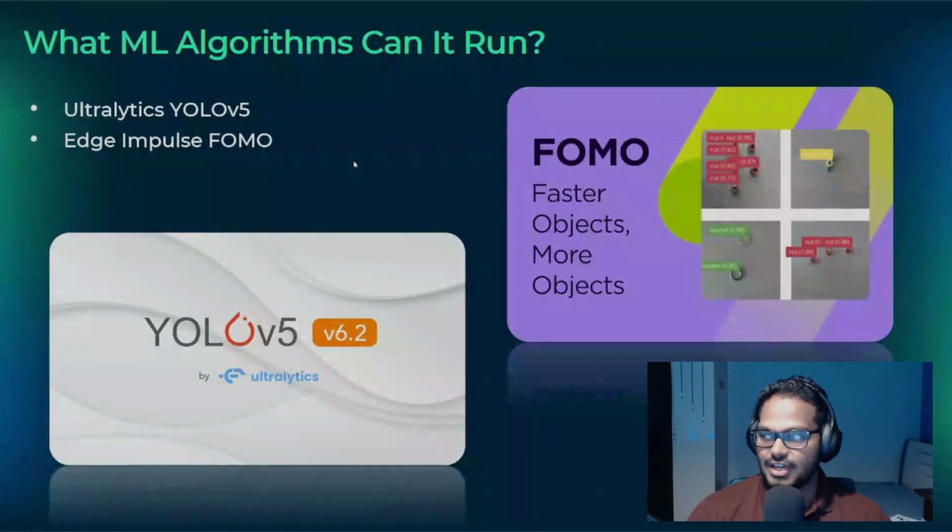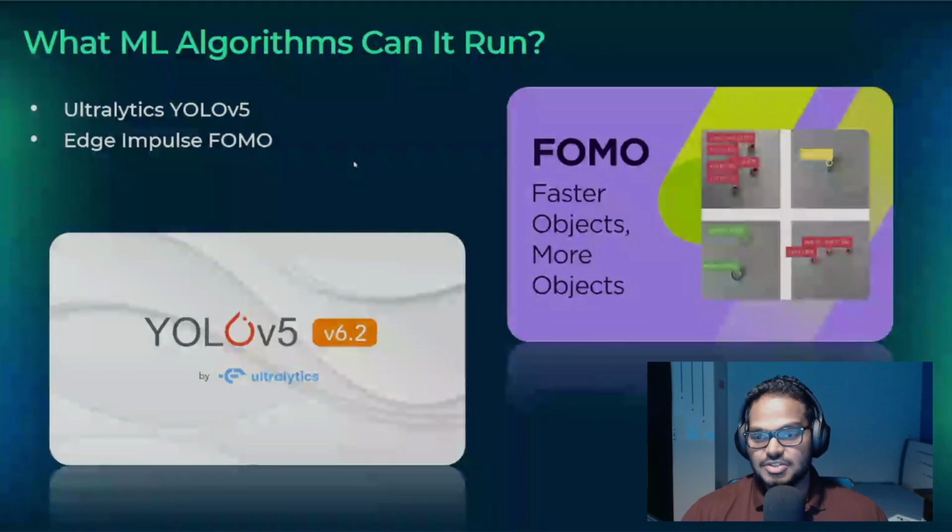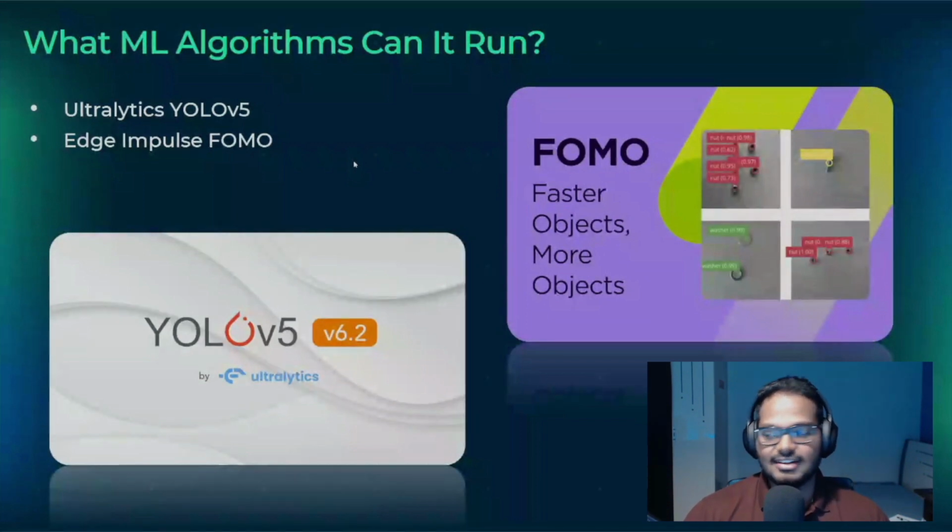YOLO V5 is mainly optimized to run on bigger devices such as the NVIDIA Jetson platform, right? So they are not mainly optimized to run on this kind of small microcontrollers. So that's what we're working on with Edge Impulse. That support will be released very soon to the public, so stay tuned with us so that you can see that support.